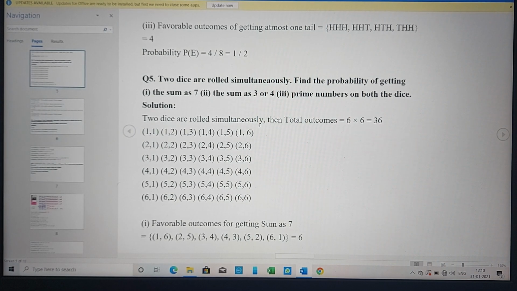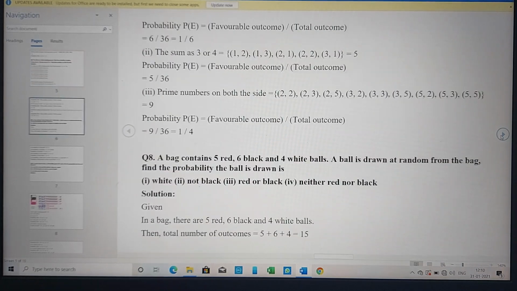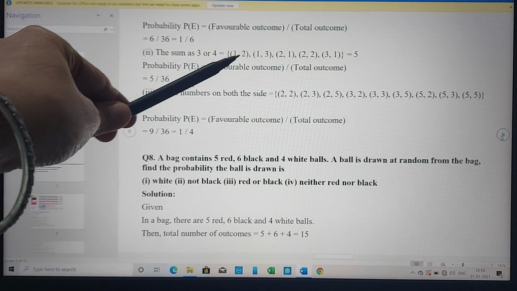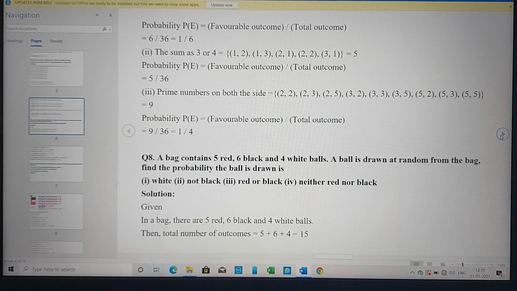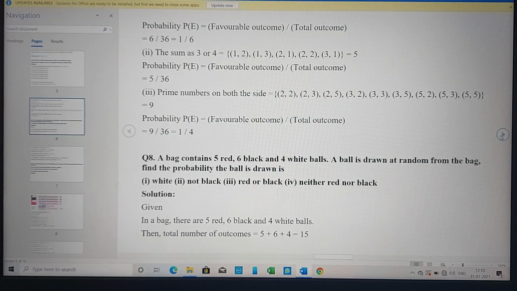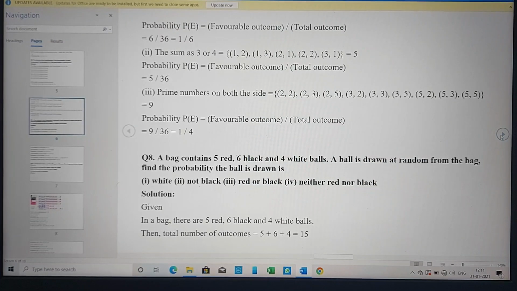Here we have 2. So total 4 and 1, 5. 5 options are there in which the sum is either 3 or 4. Clear? So favorable outcomes becomes 5. Total number of outcomes becomes 36. So 5 upon 36 will be the probability. We cannot cancel it. We'll leave it like that.